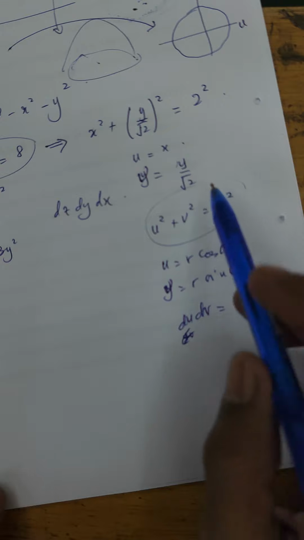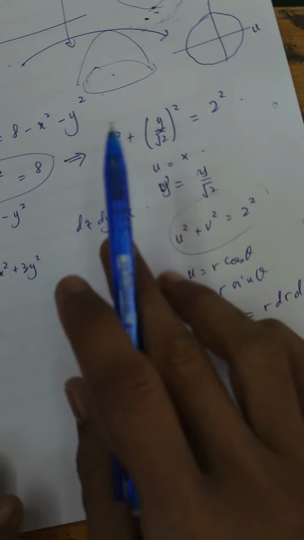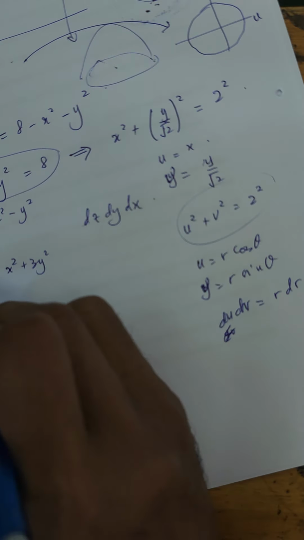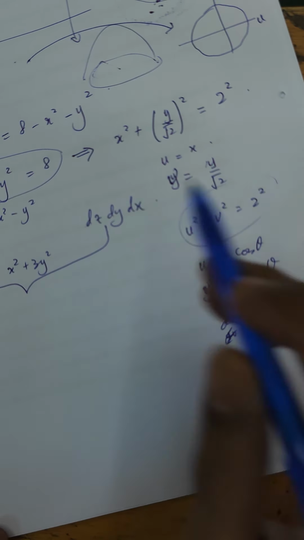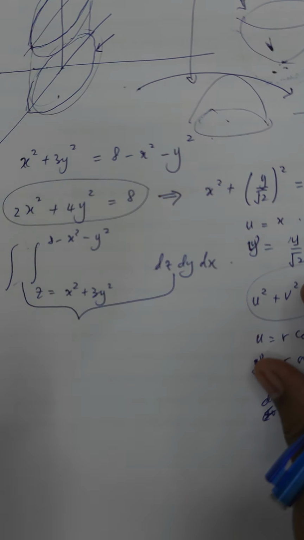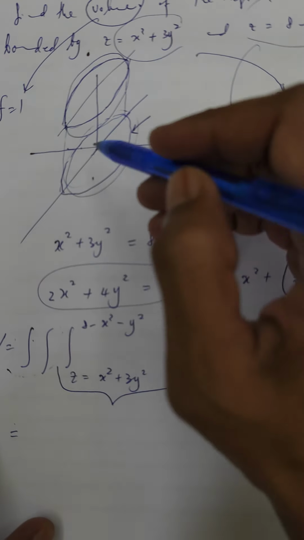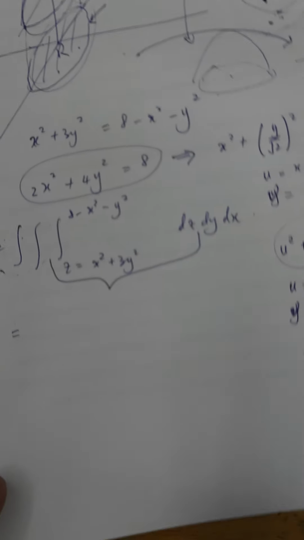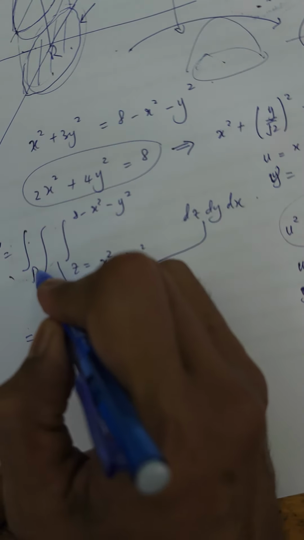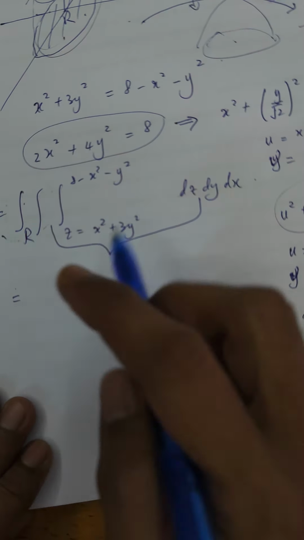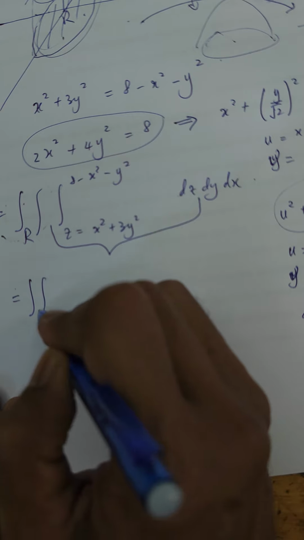Once we do that transformation for the second integral, after the inner integral we put that r, and then we integrate over r.